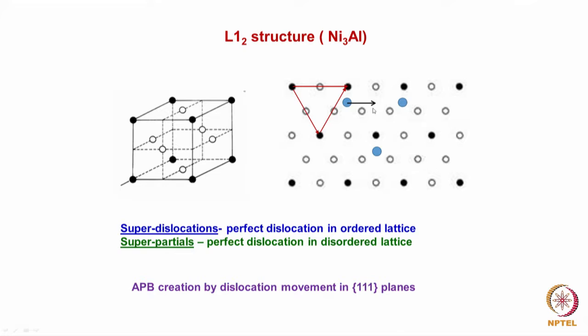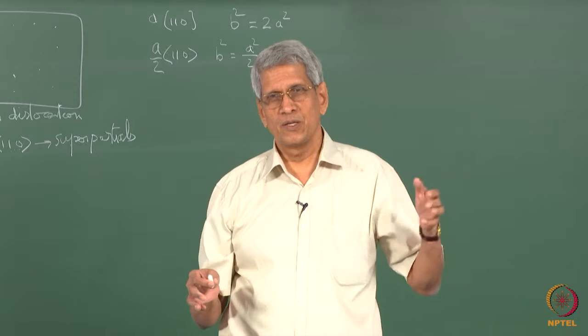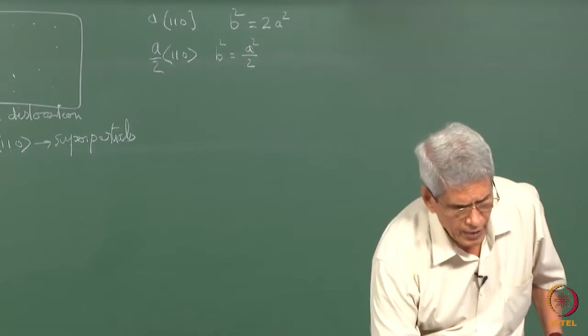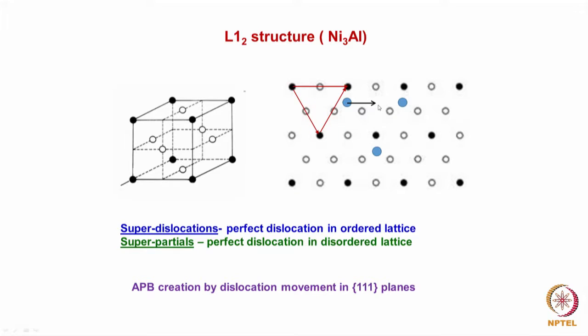That means bonds are changing. If the bonds change, some new interface is created. That requires some energy. So an antiphase boundary is created. Depending upon the antiphase boundary energy of the material, that will decide the separation between the two partials.